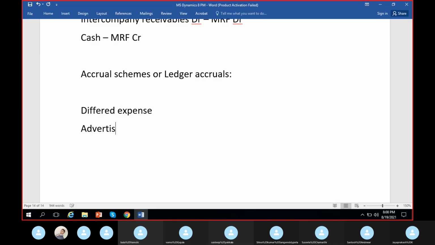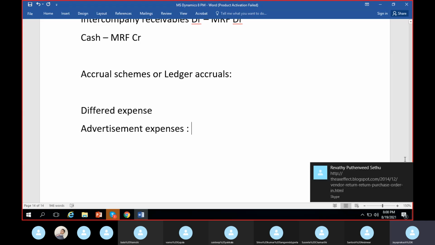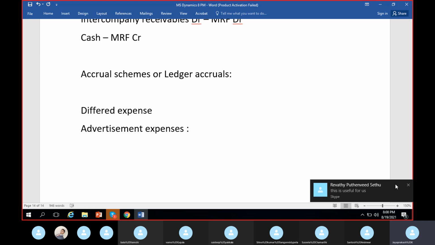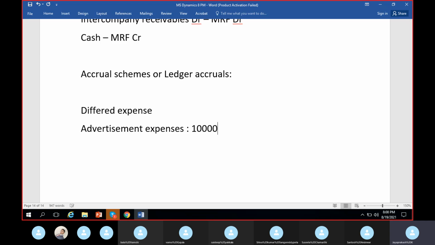So advertisement expenses. We will pay advertisement expenses today, suppose 1 lakh. This is for my whole year. I have subscribed to a television channel to telecast the advertisement of my product every day. Throughout the year they will telecast for the 1 lakh that we paid, which we have paid today itself. The condition is that although we paid the total amount today, they have to telecast it for 365 days.